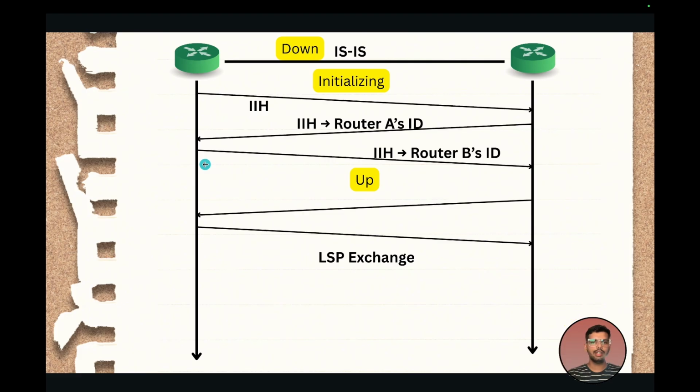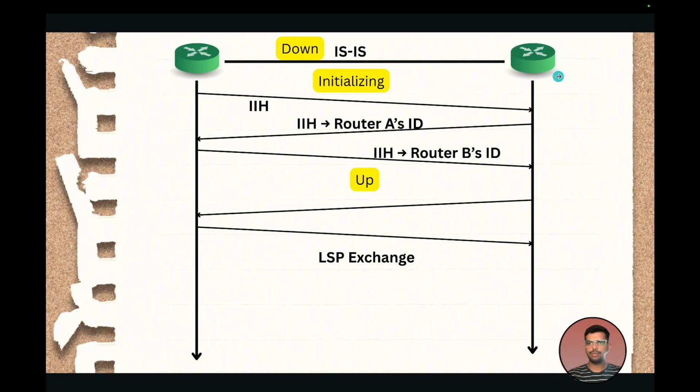Now this is the traditional state transition diagram for any IS-IS neighborship that occurs. First, when we don't have any IS-IS neighborship configuration command on the devices, the IS-IS will be in the down state. As soon as we configure a certain IS-IS process, there will be an initializing state, and then let's say we will have an IS-to-IS hello exchanged.